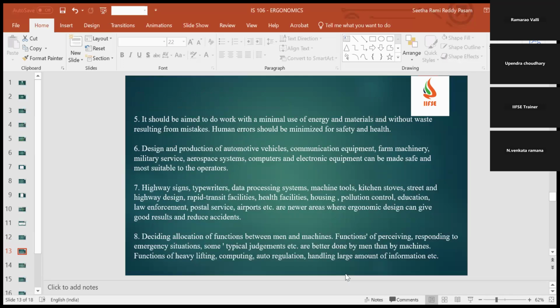So ergonomics also aims at minimal use of human energy and materials, without waste resulting from mistakes; mistakes should not end up as waste. So what will happen with human errors? By minimizing human errors, we can reduce accidents.